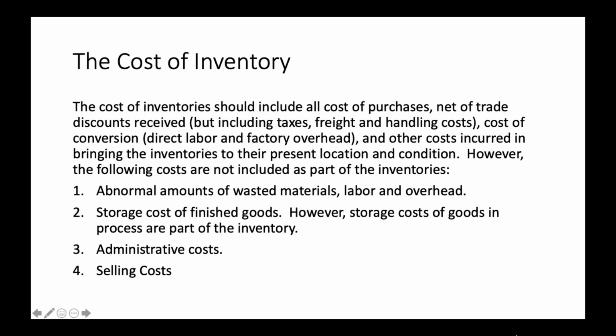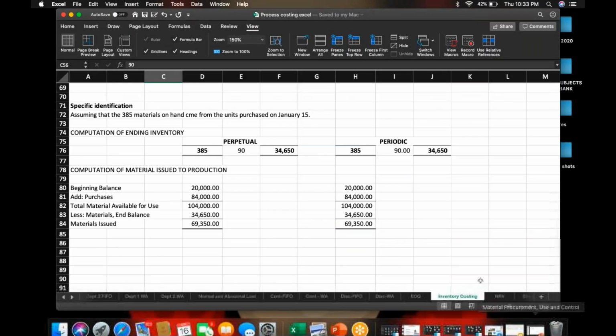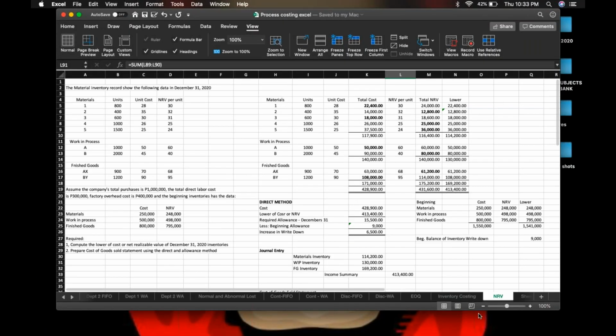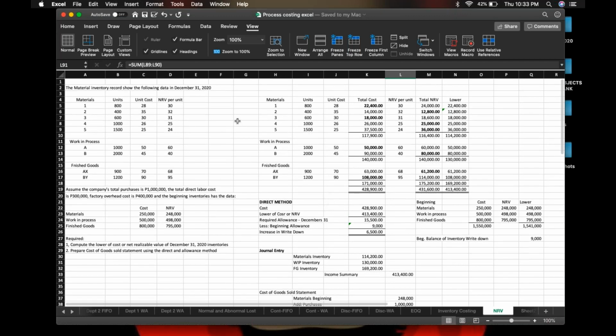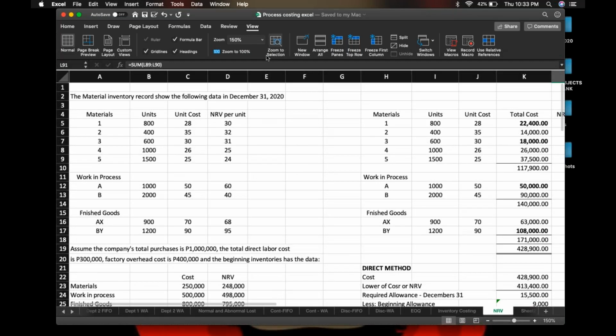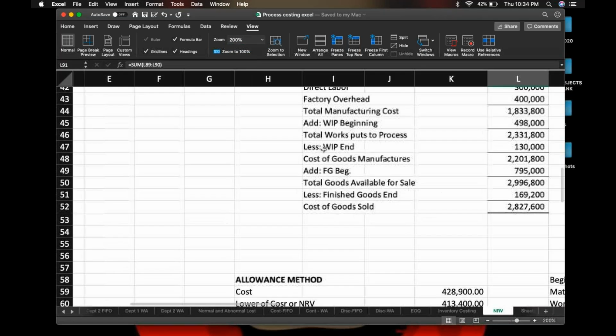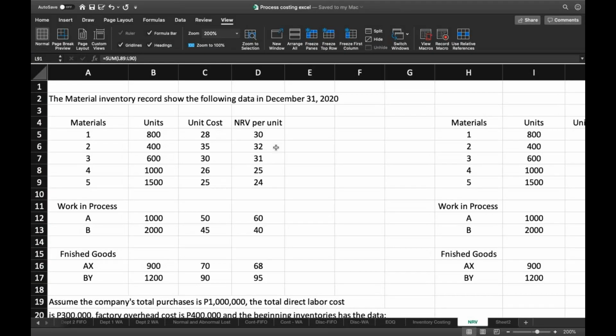Okay, let's go to the example. Say for example, we have here materials inventory record as of December 31.